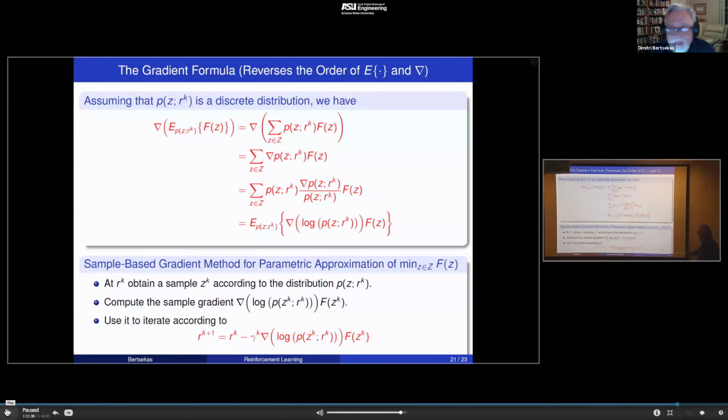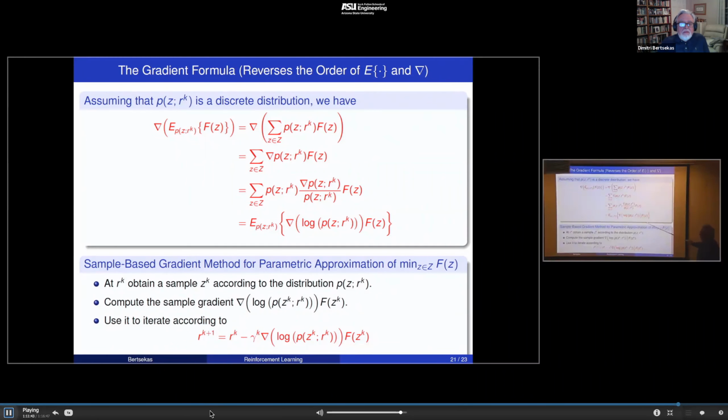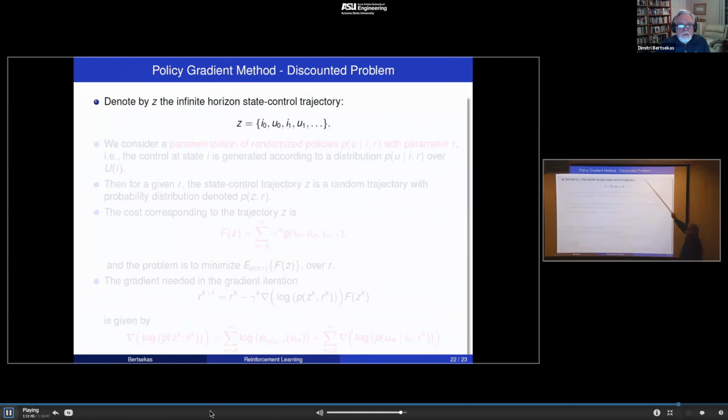Okay, I'm restarting the video now. So let me give you an example of how this applies in dynamic programming. This is generic. Now we're going to go to discounted problems. Here, Z, the samples are trajectories, okay?